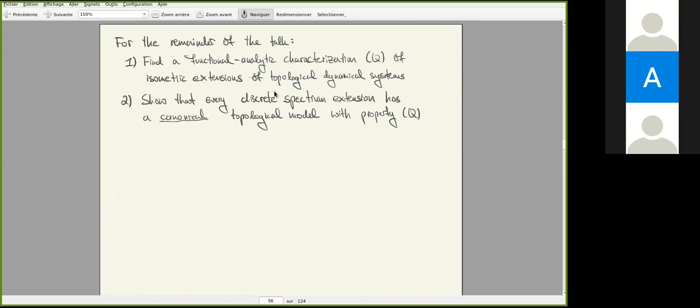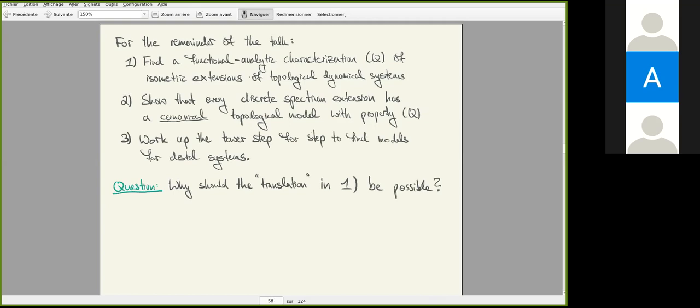And discrete spectrum is still not defined, and I will only define it when I really need it, because later we will see why we will have a different view on discrete spectrum coming from a topological view. And then the final part that we need to do is work up the tower step for step to find models for increasingly complex distal systems.